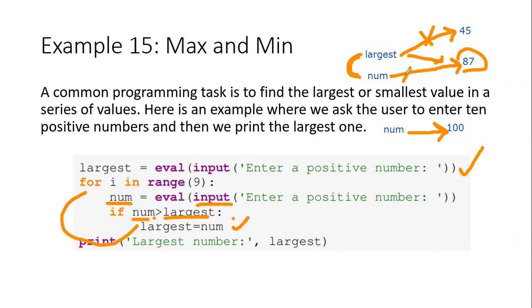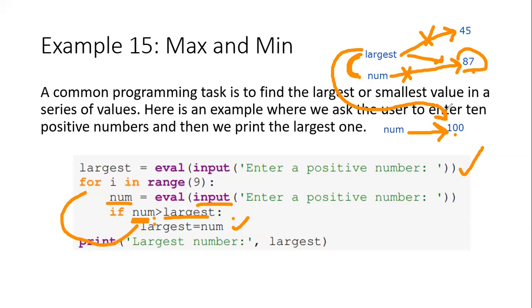Then you compare, is num larger than largest? Now largest is 87 and num is 100, so this condition is satisfied. That means num is larger, so the variable largest will point to this one.